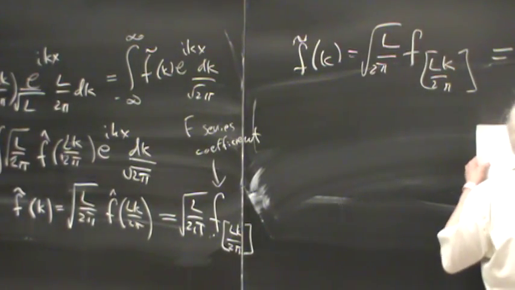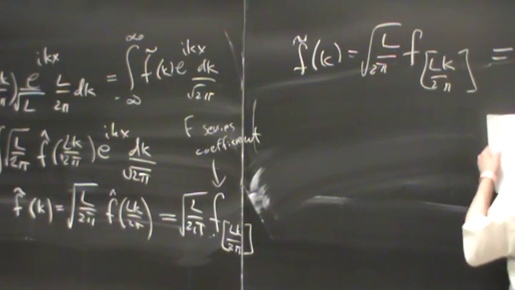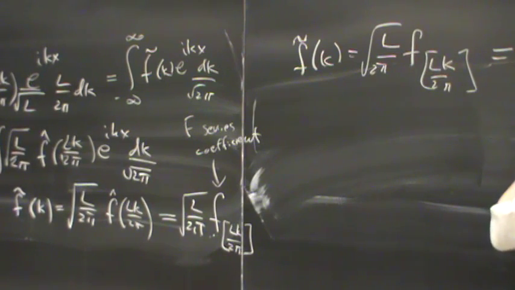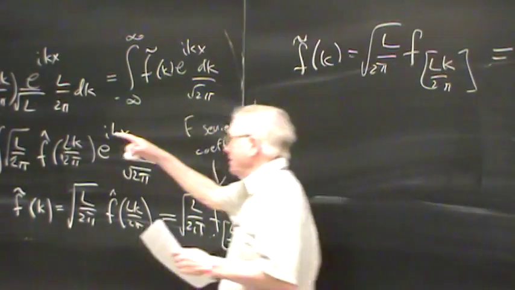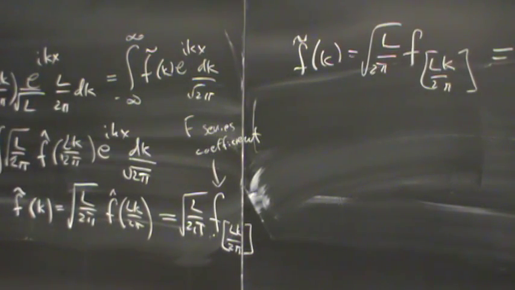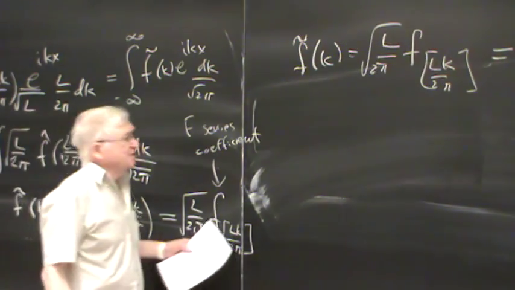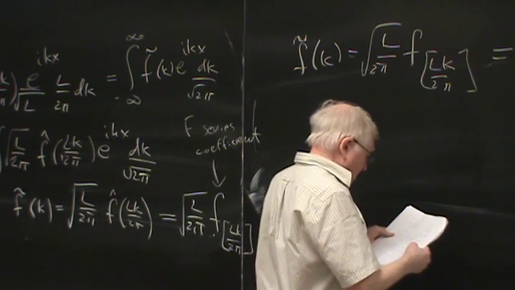And so that's the integral from minus L over 2 to L over 2, f of x, e to the minus i 2 pi, nearest integer to Lk over 2 pi, and then x over L, and then divided by square root of L, dx. So I'm just using this formula directly, just substituting for n its value, namely the nearest integer to Lk over 2 pi.